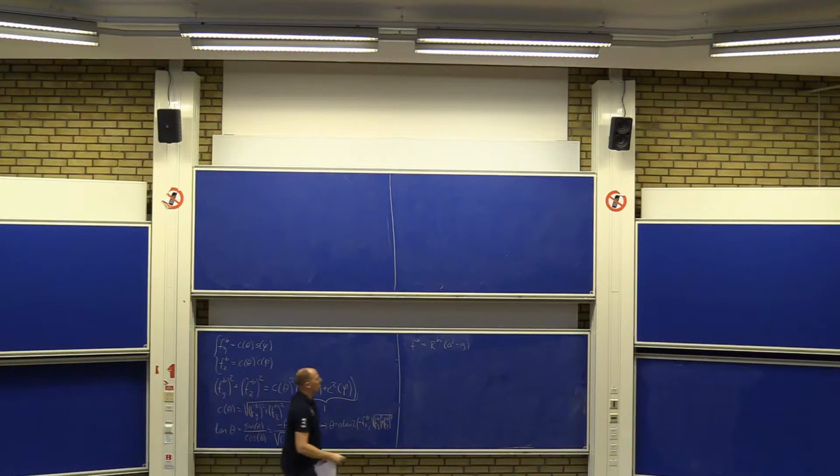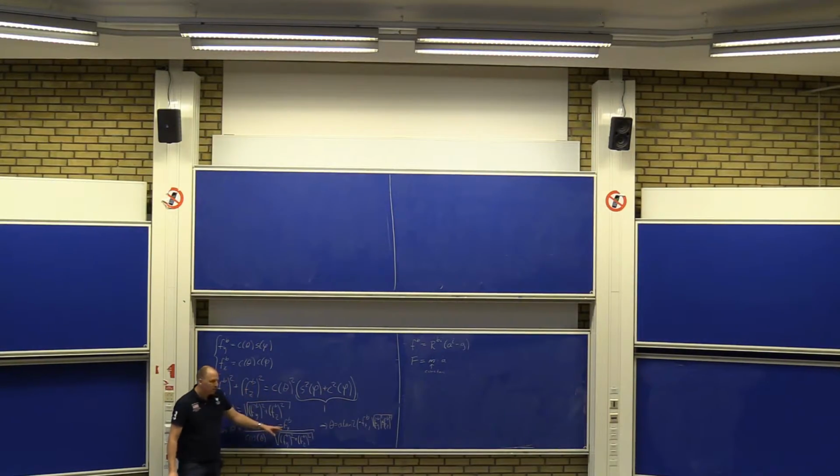But from Newton we have that F is equal to the mass times the acceleration, right? So what we measure here will depend on a constant. If we do it the way we did here, we will have a constant here and a constant here, so they will cancel each other out.